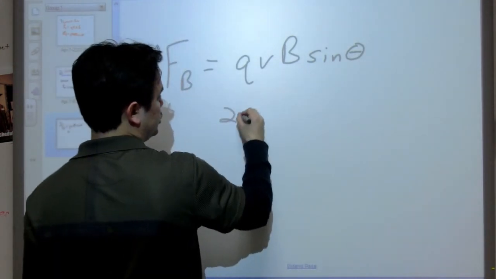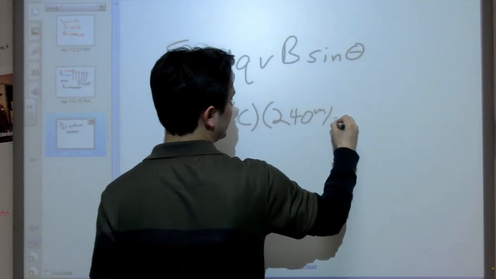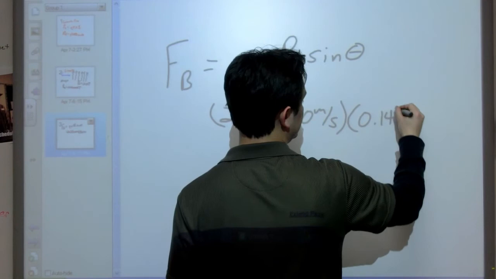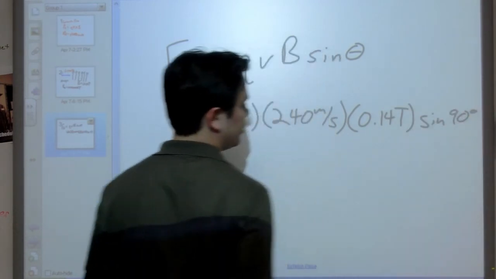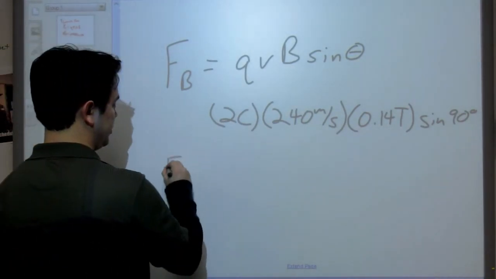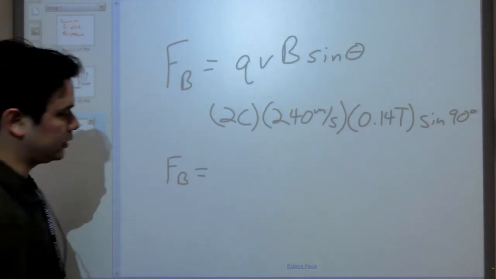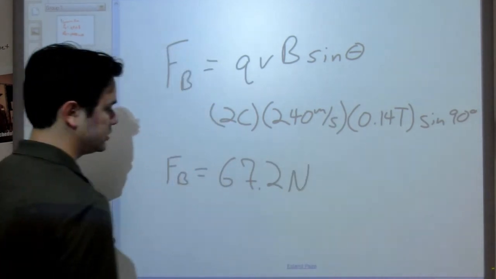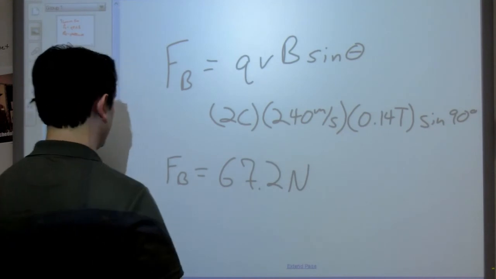My charge was 2 coulombs, my velocity was 240 meters per second, my magnetic field was 0.14 Tesla, and sine of 90 degrees, because they are perpendicular. I multiply all these together, and if I've done my math correctly, I end up with 67.2 newtons.